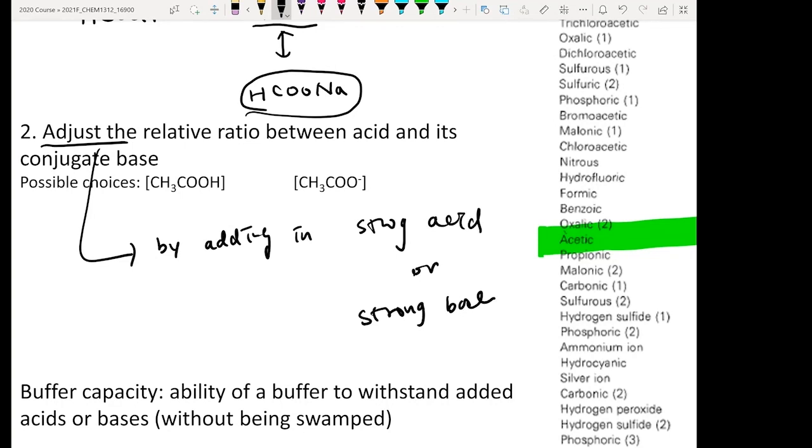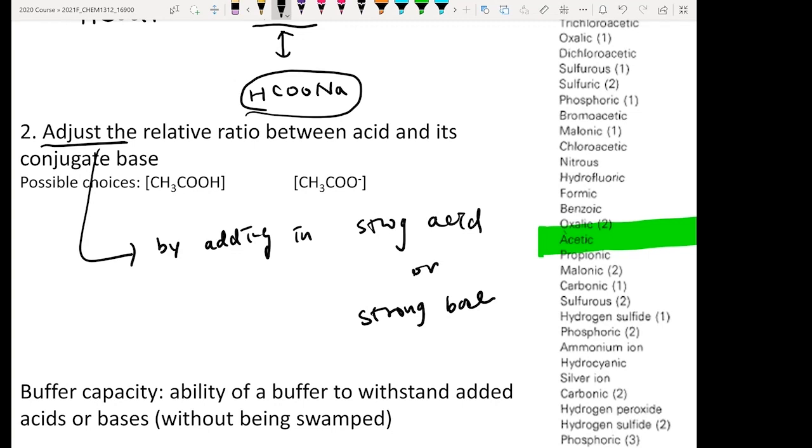So when you prepare the buffer solution inside the laboratory, you check out the pKa table, you identify what species you want to use, you dissolve a ton of it into your water, then you finalize the pH by adding in your strong acid or strong base.